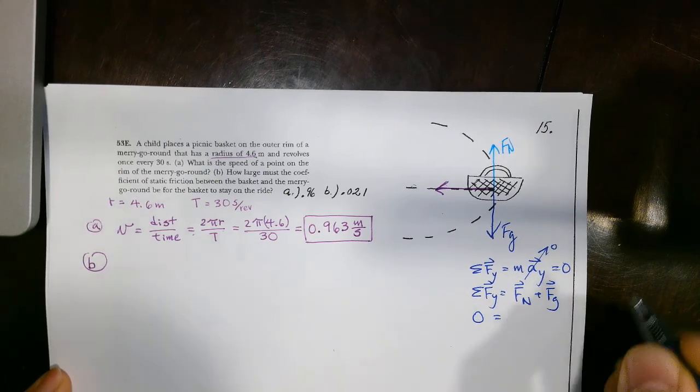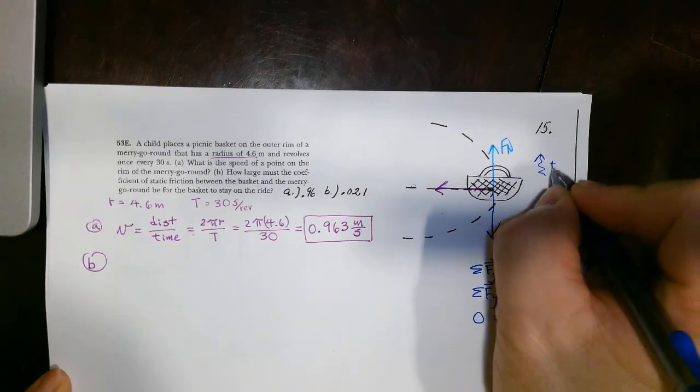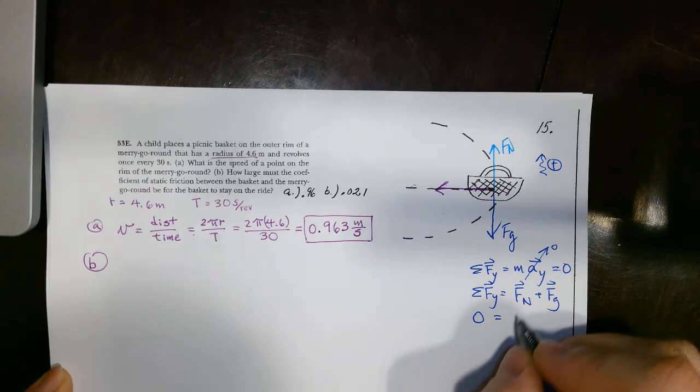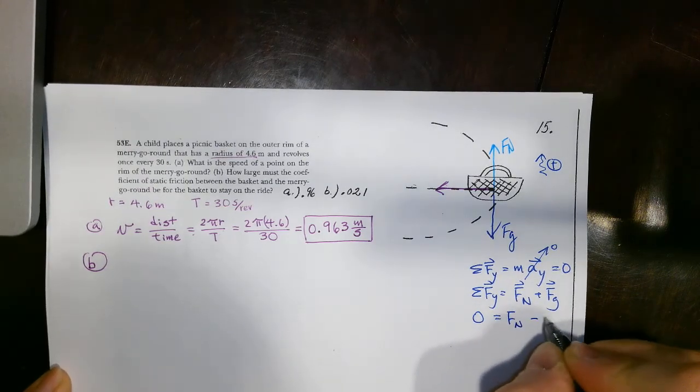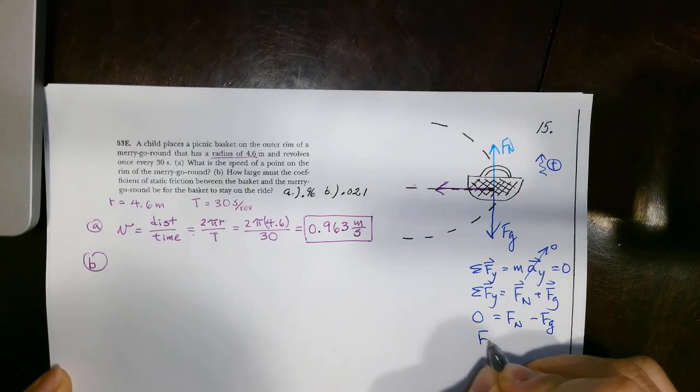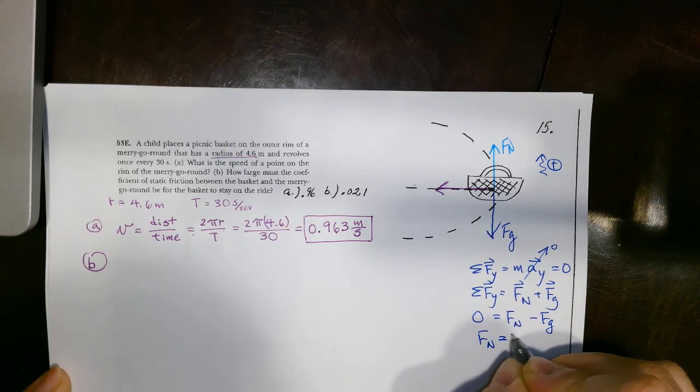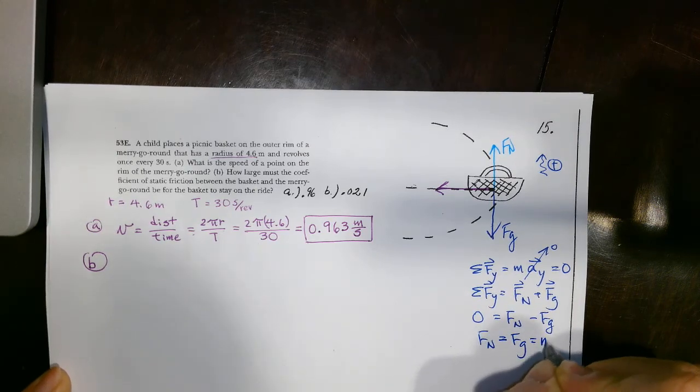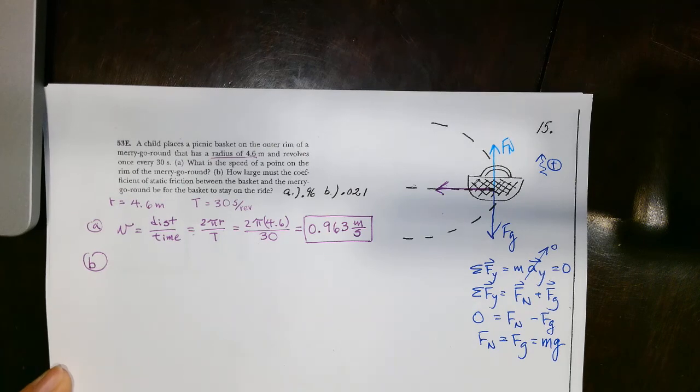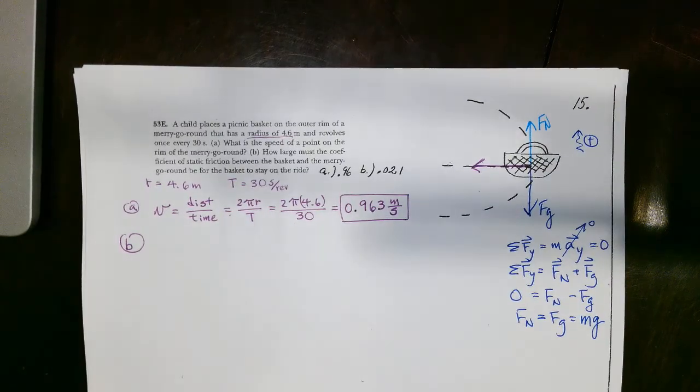So 0 is equal to, I'm going to consider up direction positive, therefore F normal minus Fg. So our F normal is equal to Fg, which is mg. Okay? So that's good to know, right?